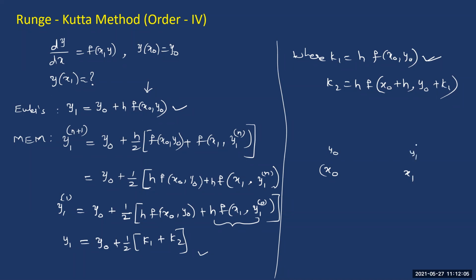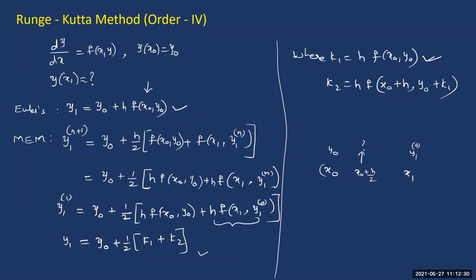And you will take one more point as the middle point of these two, x naught plus h by 2. At this point also, you will calculate some approximate function value, and using slopes at these 3 points, they have derived one more formula, which is Runge-Kutta third order method. But anyway, we are not discussing that method in our syllabus.